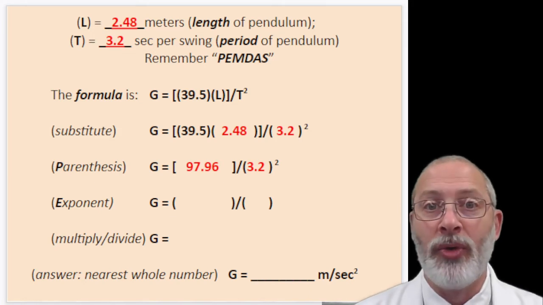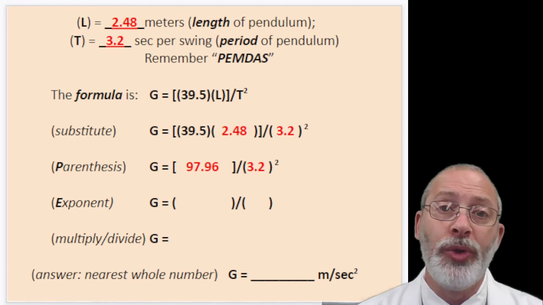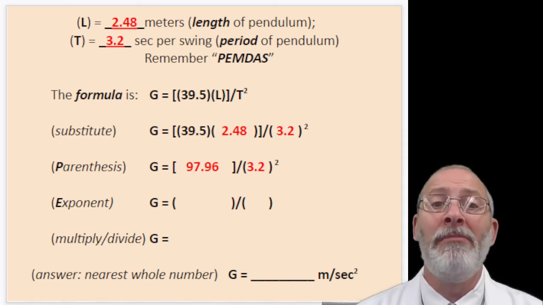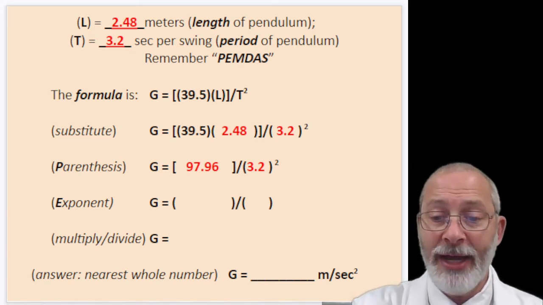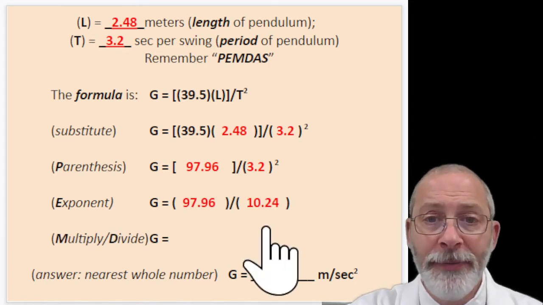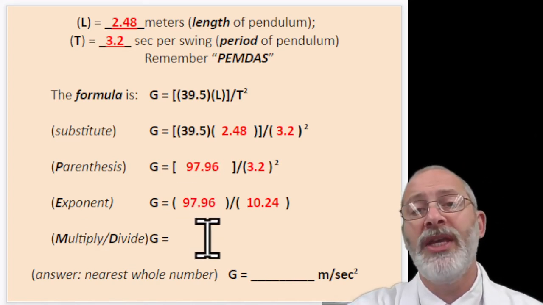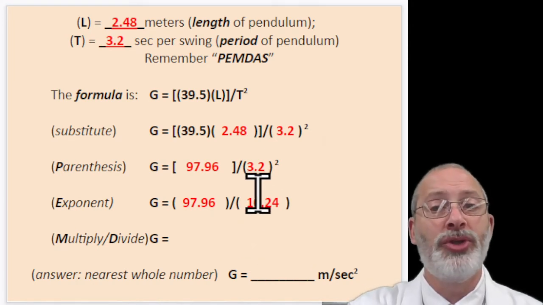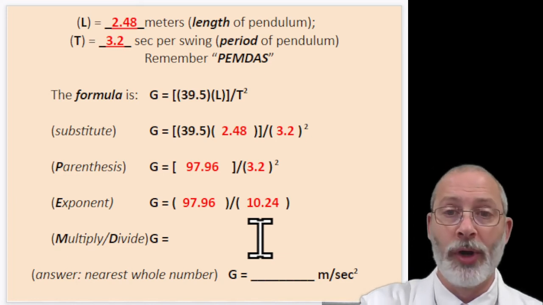The exponent of 2, which we read as 3.2 squared, simply means that we take that number and multiply it by itself. So if you do that, our next line will read, and we just copy down the 97.96, will then be divided by 3.2 squared, which is 10.24.